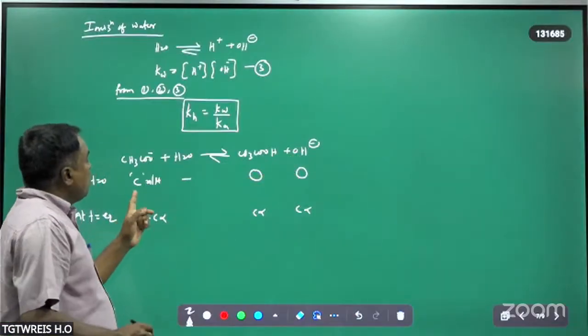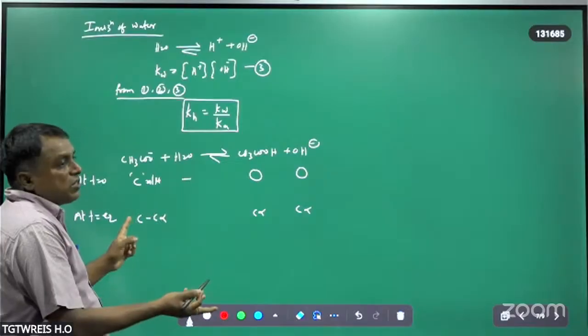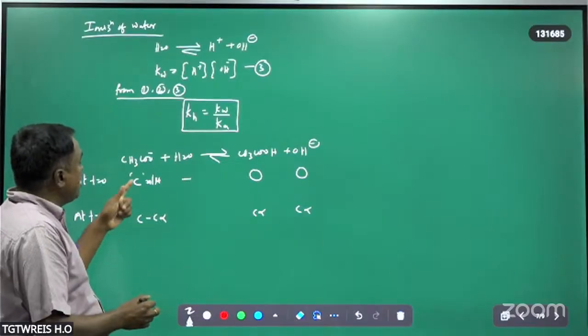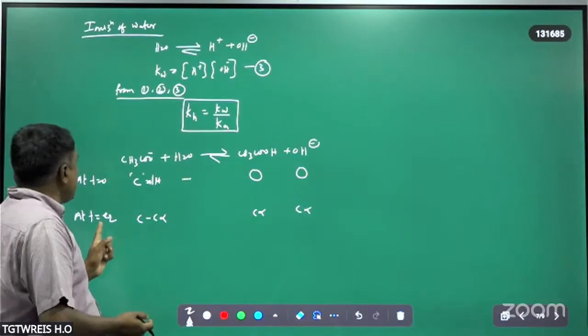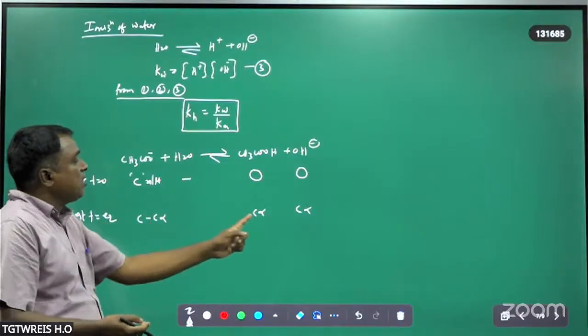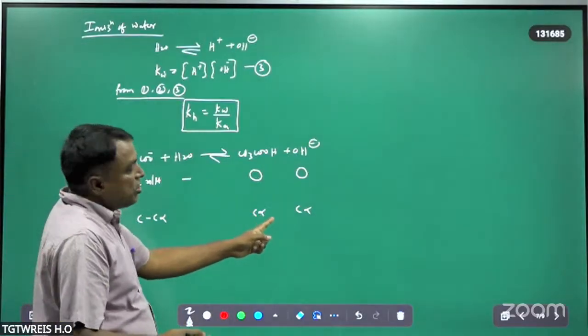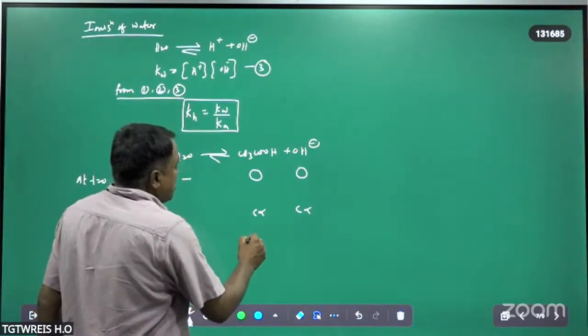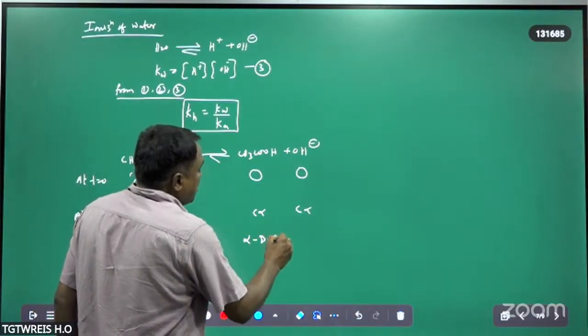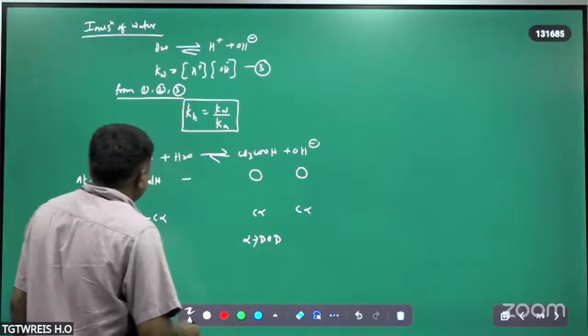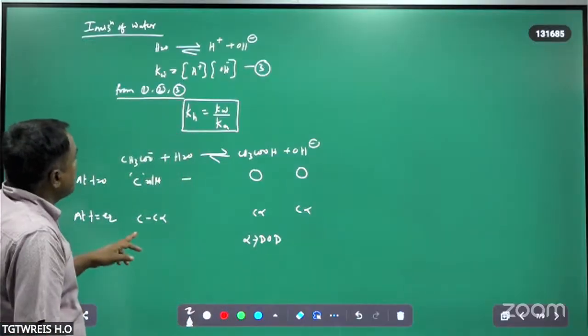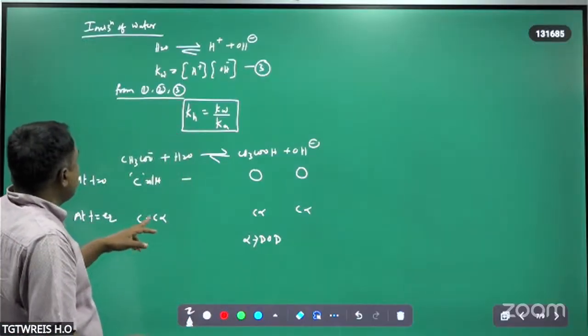But this will be C minus C alpha, since initially it is C. Alpha is the degree of dissociation. Therefore, you substitute this C minus C alpha.